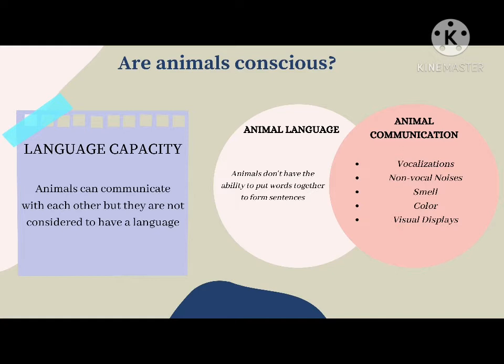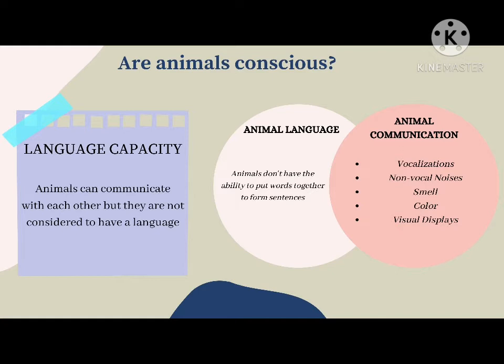The first is vocalizations, such as a dog growling at another dog to display aggression, or bird calls to maintain territory. Next is non-vocal noises, such as a dolphin slapping its tail on the water surface to warn another dolphin of danger. And smell, such as a male lion scent marking its territory to tell other male lions to stay away.